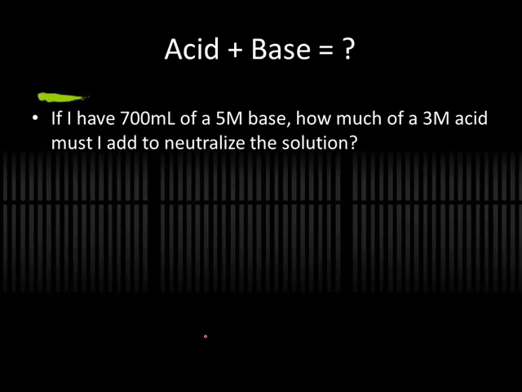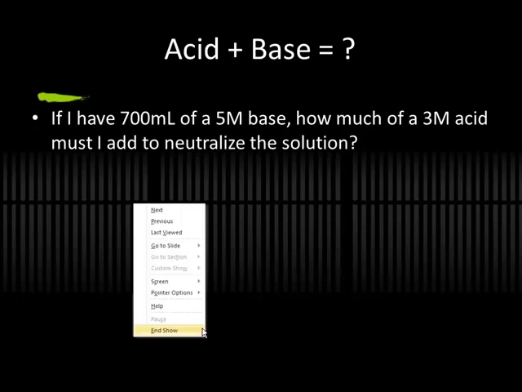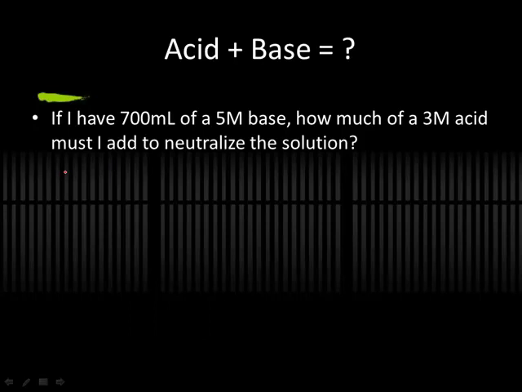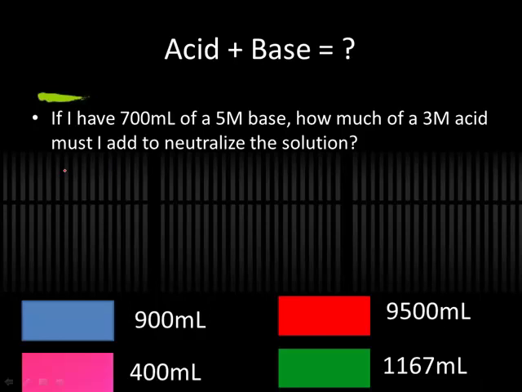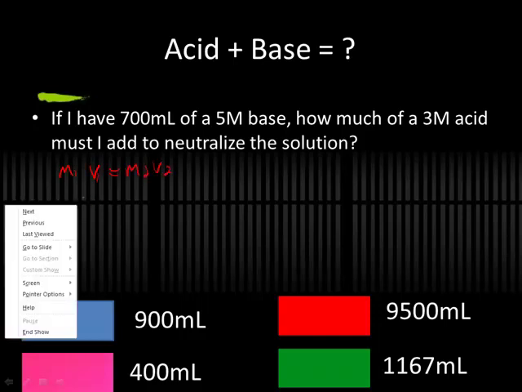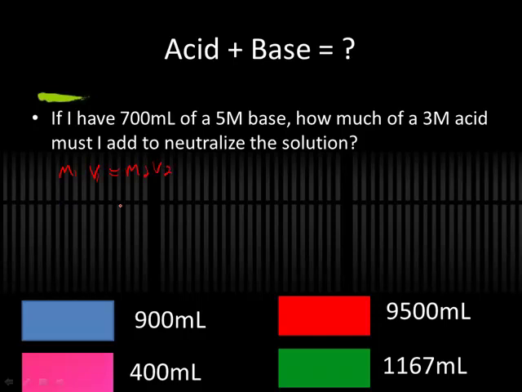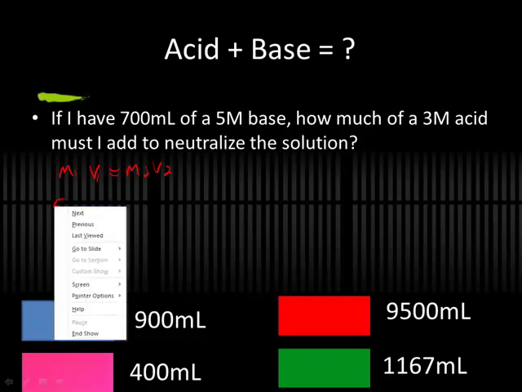One last one. If we have 700 milliliters of our base, so V1 is going to be that. Well, M1V1 equals M2V2. We know our original molarity is going to be 5 molar. That's our base.